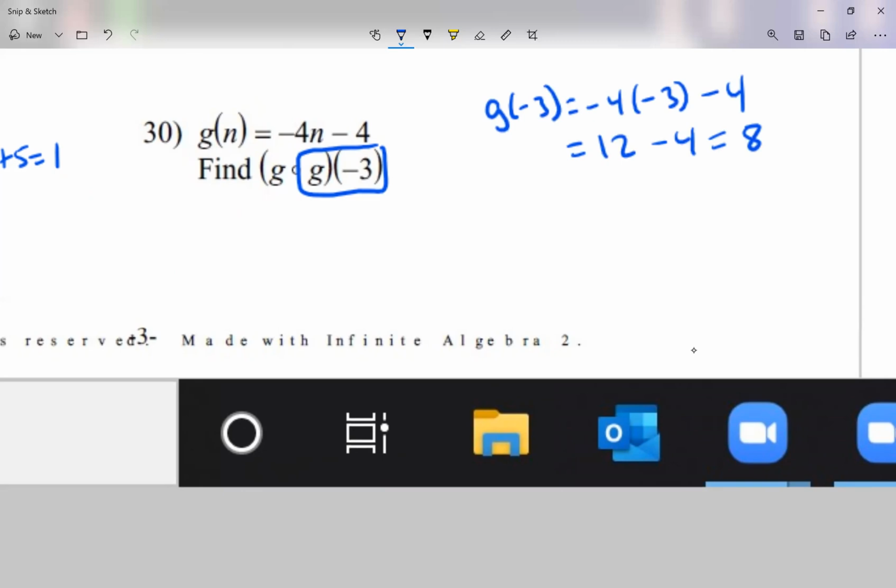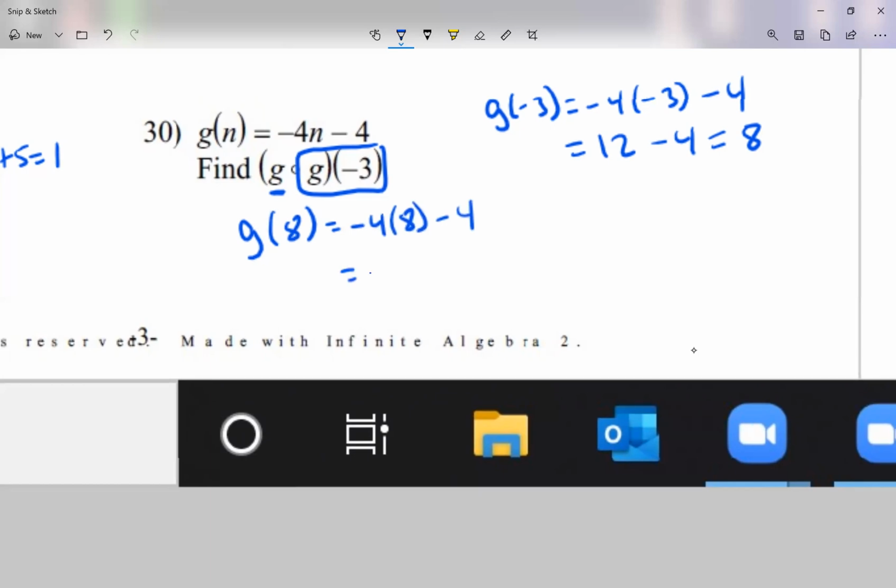And then I see the letter outside is G. So now I'm going to do G of 8. The 8, that's basically what we got from G of -3. So now I'm going to do G of 8. So I have a -4 times 8 minus 4, or -32 minus 4, which is equal to -36.